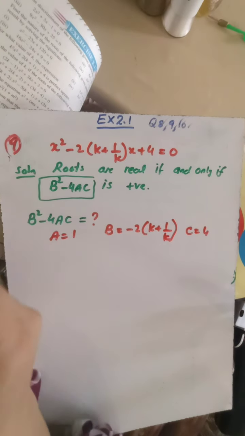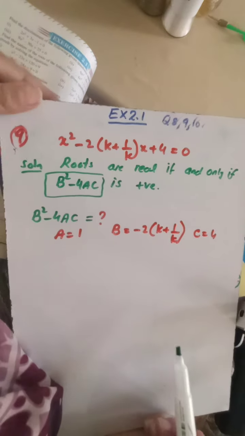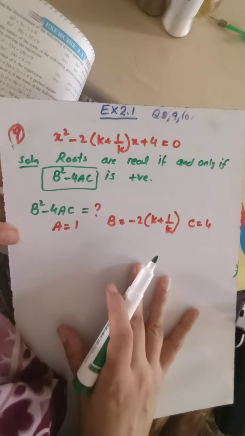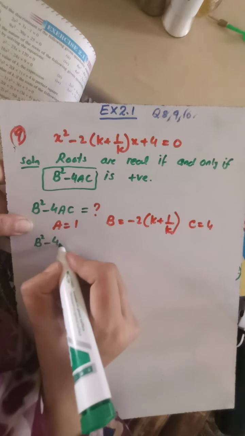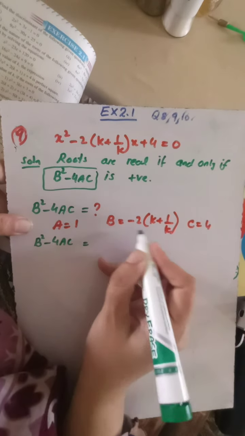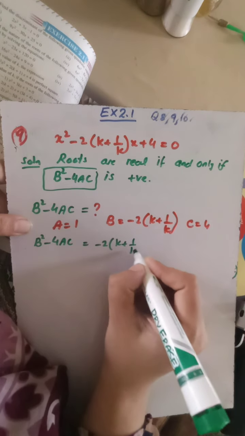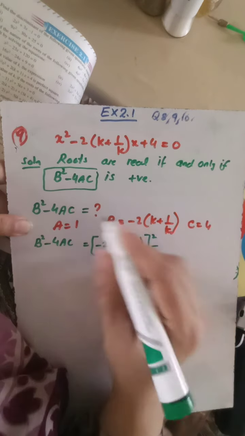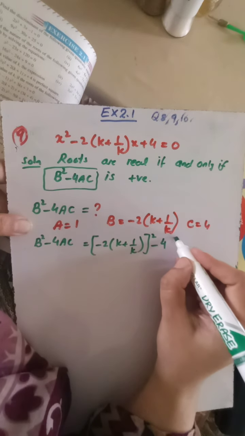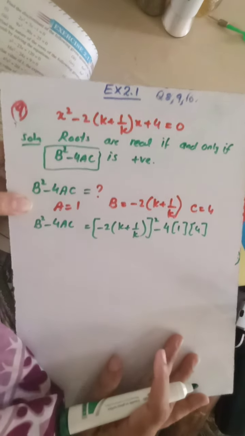So we have to calculate b square minus 4ac. Let me put the values in this expression. B is this expression, so I am going to square it. This is b square for this equation, minus 4 a into c.